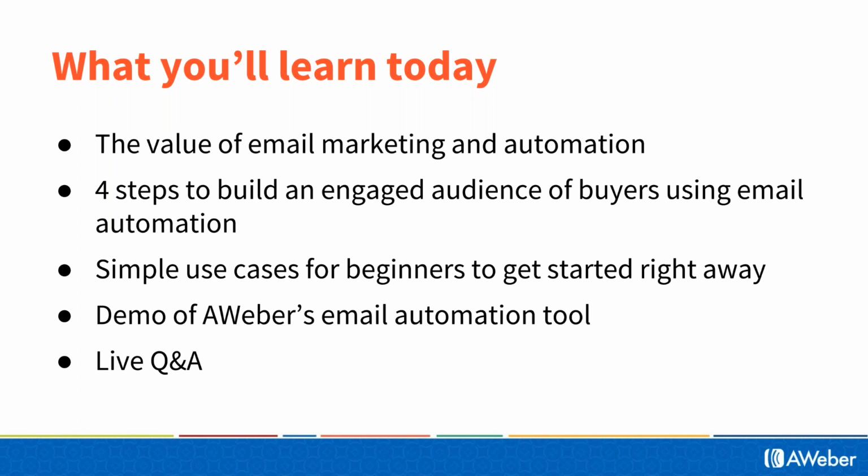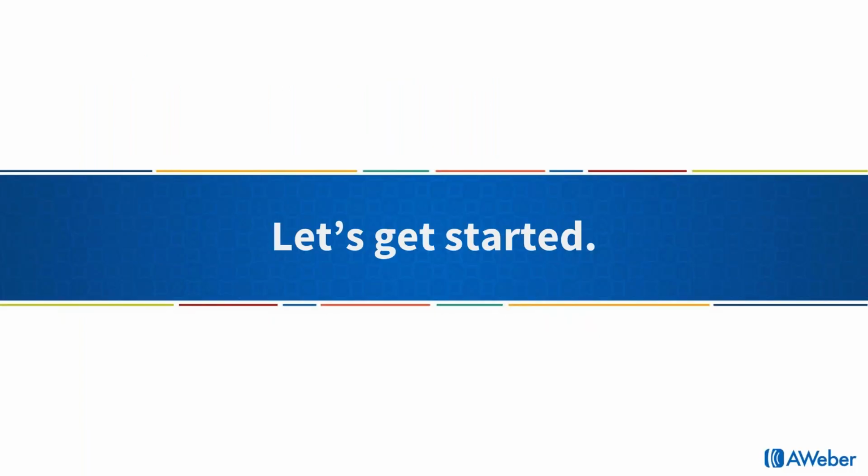I'm going to share some simple use cases that, whether you're a beginner or an intermediate, you can employ to get started right away. Throughout that, I'm going to provide some demos of our own email automation tool and show you how it works. And lastly, we're going to have some live Q&A at the end, so please make sure to ask your questions throughout. Let's go ahead and get started.